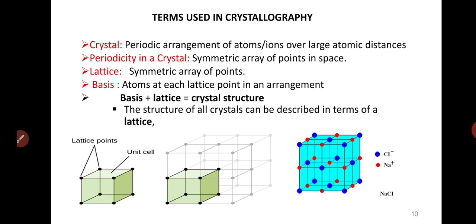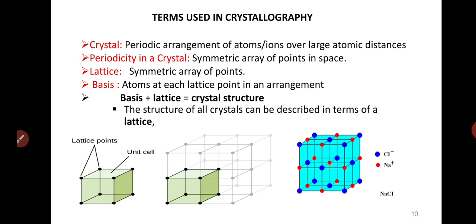In every case, the lattice contains a volume or a cell that represents the entire lattice and is regularly repeated throughout the crystal. Then how is the crystal formed?